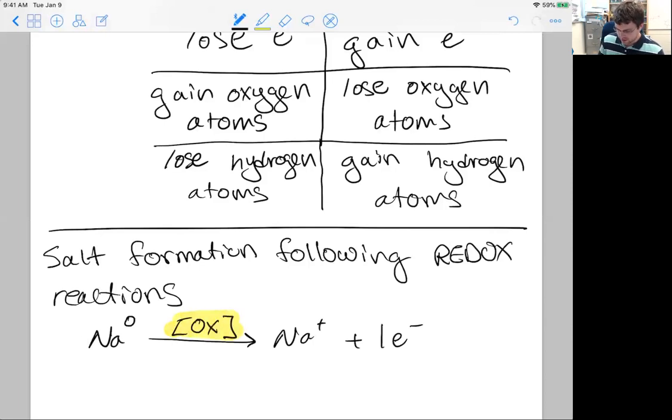oxidation as ox. We can also take chlorine 0. And chlorine is not willing to give up an electron. It's willing to absorb an electron. In what's called a reduction reaction, which I'll abbreviate as RED, to give us chlorine negative.